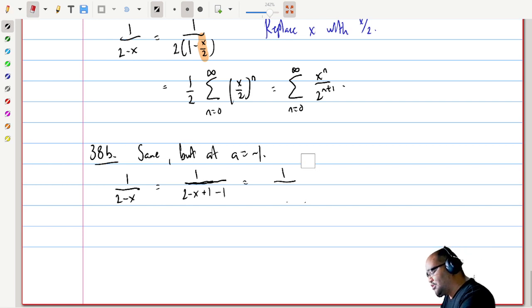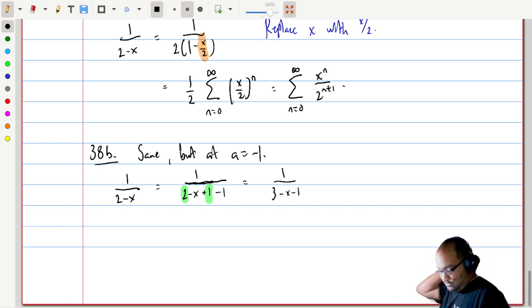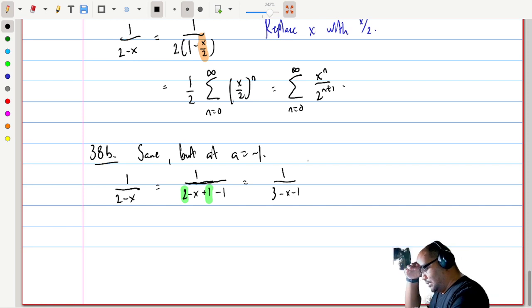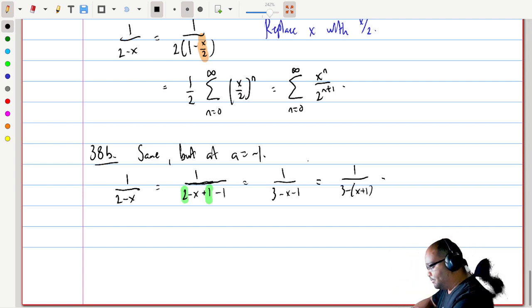Okay, so now I know what I need to do. I'm instead going to combine this and this. So 1 over 3 minus x minus 1, which then I can write as 1 over 3 minus x plus 1, and then I'm going to do the 3 factor again.